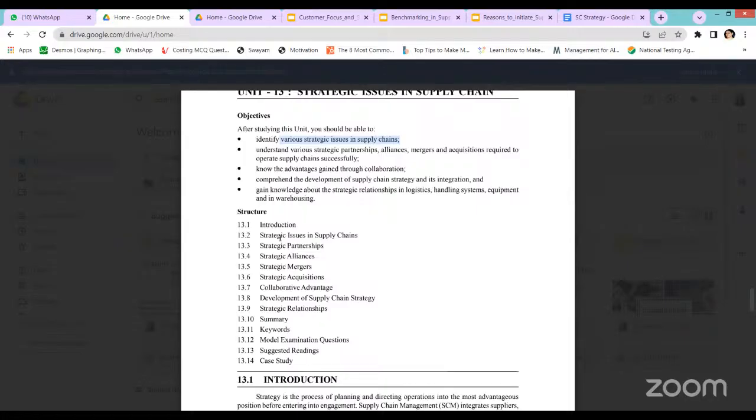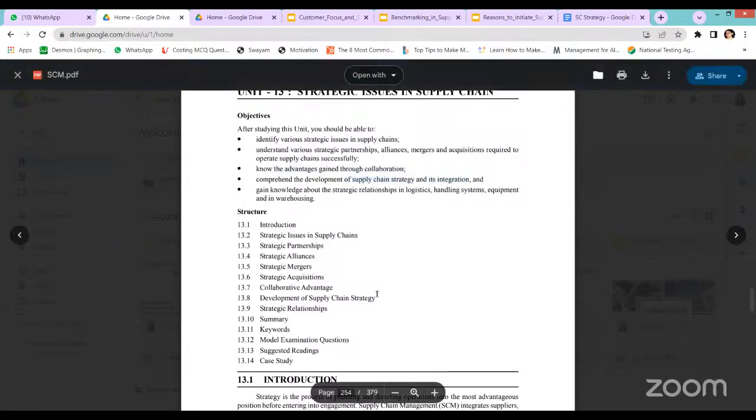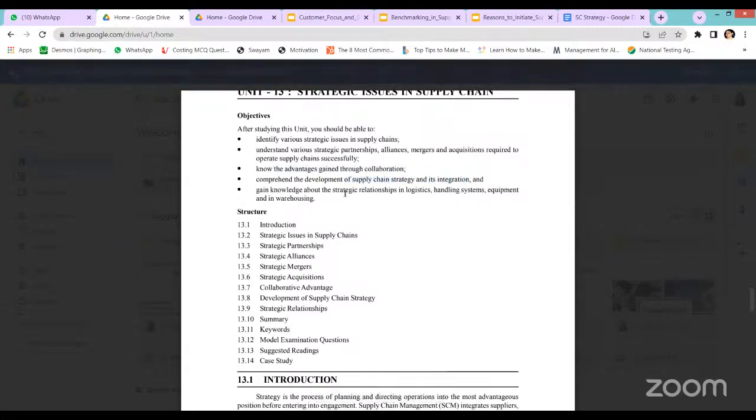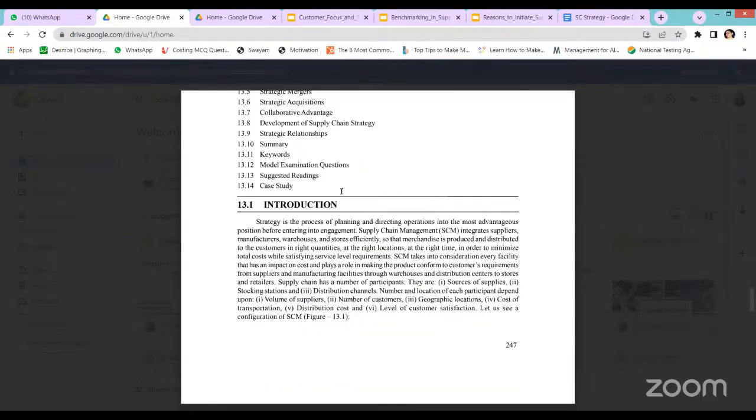After that, we will have the topic of the different strategic partnerships and alliances in the supply chain, then advantages through collaboration, supply chain strategies and integration. What is supply chain integration? And then finally, the issues in supply chain strategies.